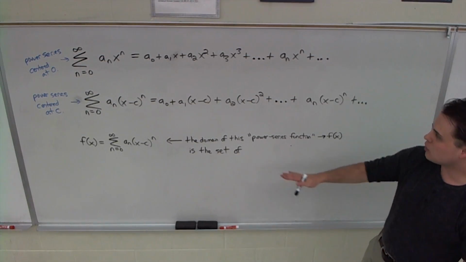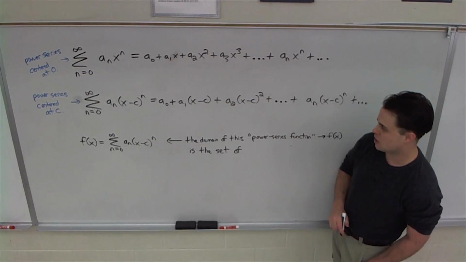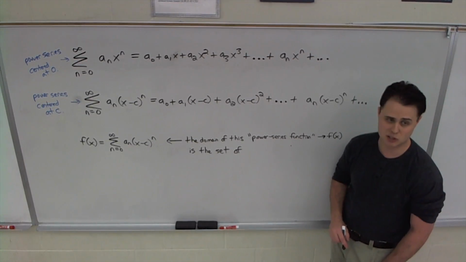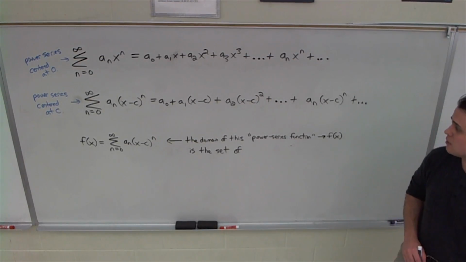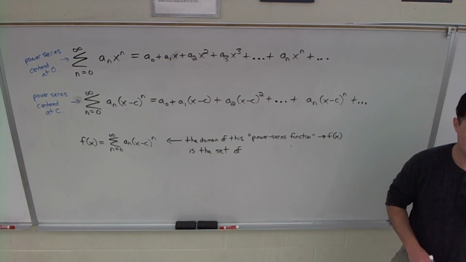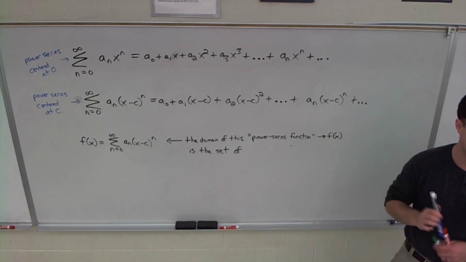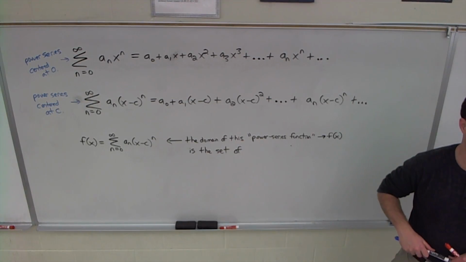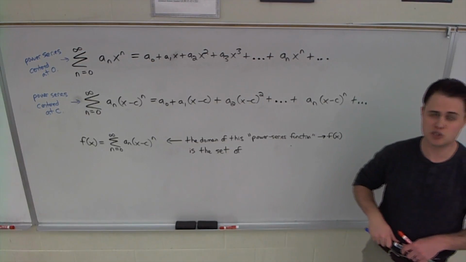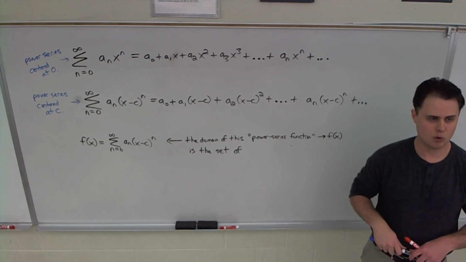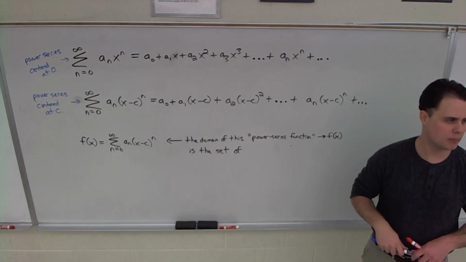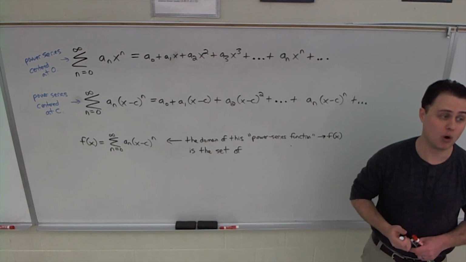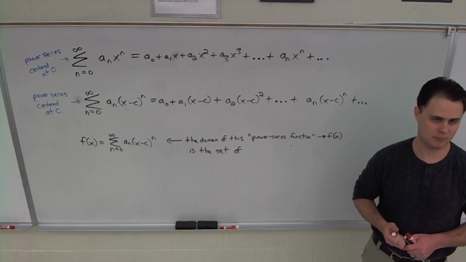So what I really wanted, besides writing that out one more time, is to emphasize the domain, because that's going to be big. The domain of this power series function f of x is the set of what? Can you guys help me fill in this last blank? Domain is like where a function exists, right? So if we're thinking about a series function, what might need to be true so that we don't get something broken in our function?